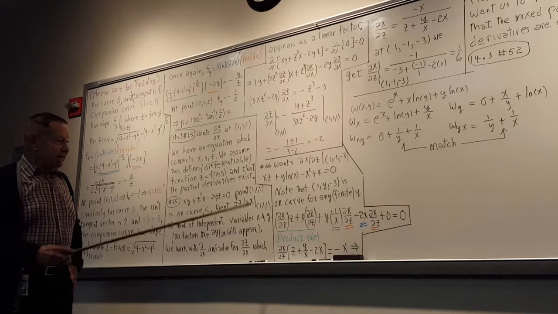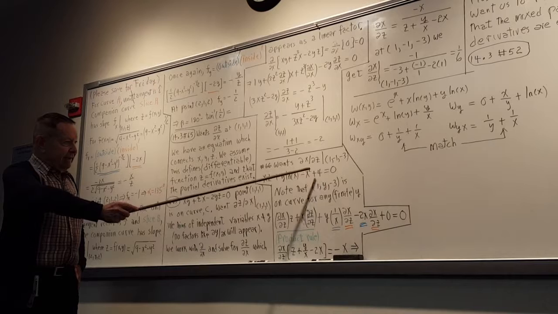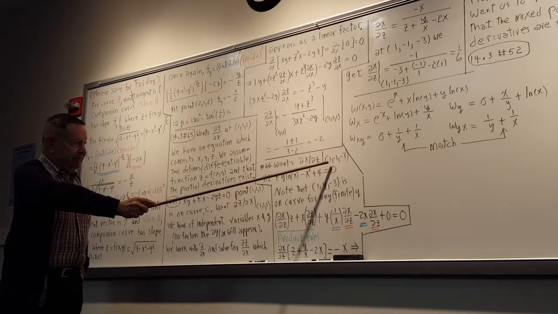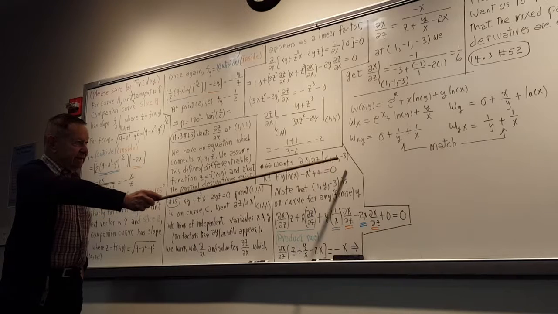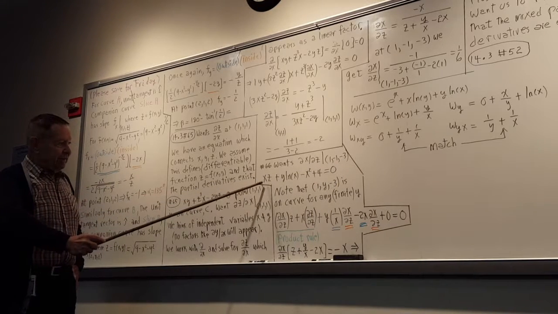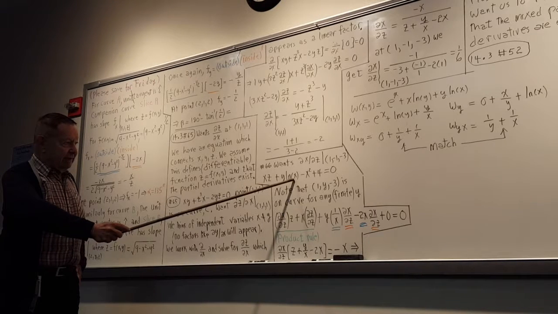So the first thing to do is check that. And actually, the y value doesn't matter if x is 1 and z is minus 3 in this problem, because if x is 1, your log 1 is 0 and your y disappears.